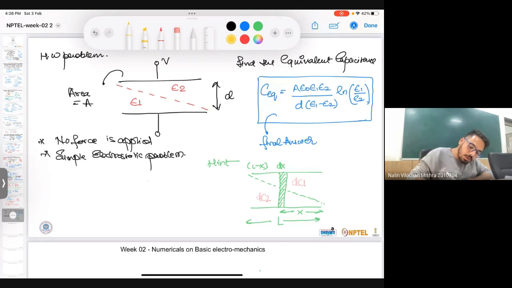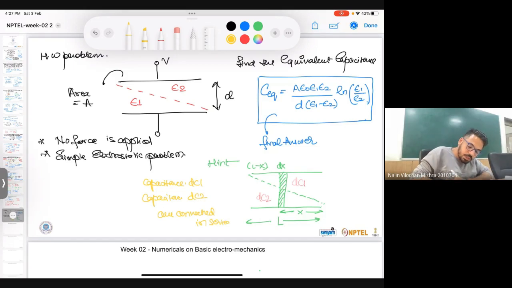These two capacitances, dC1 and dC2, are connected in series.